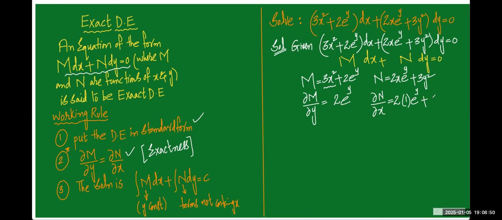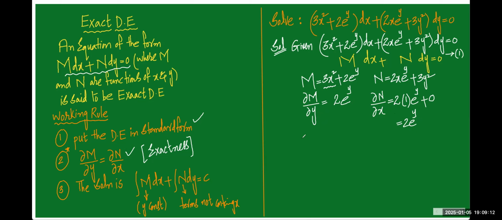In the last term we don't have any x term, so it is 0. So what answer am I getting here? 2e^y. So look at that: ∂M/∂y is 2e^y, and ∂N/∂x is also equal to 2e^y. It means this equation number 1 is an exact differential equation.